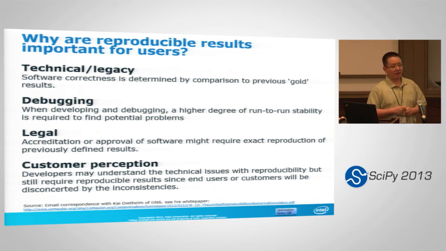Another reason is a legal reason. We've got a lot of financial services customers, those big banks, as our MKL users. And in those institutions, they have a very rigid auditing system.